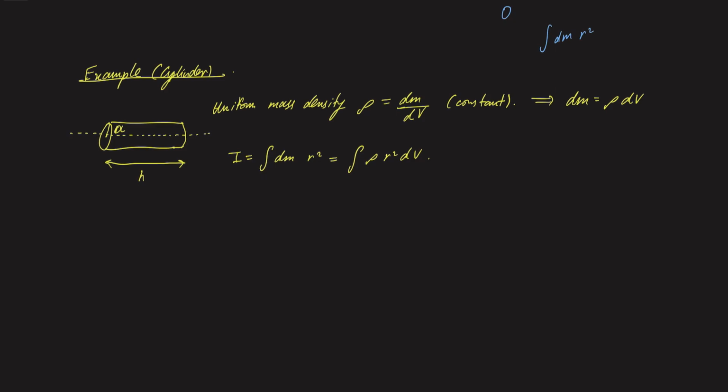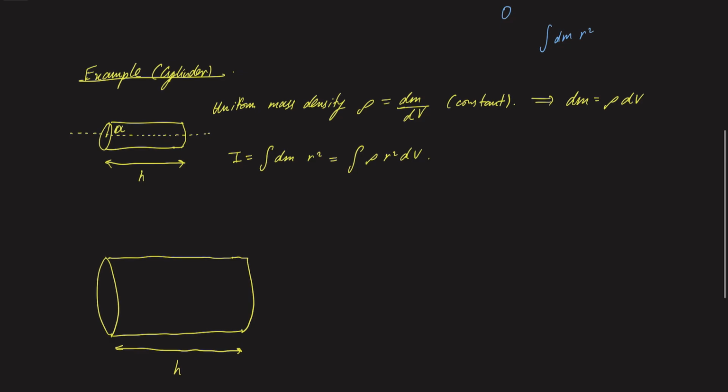Okay, now what's dv? Let's look at a bigger picture here. So we have this cylinder. It's got height h, and we want to find its volume element, dv. So the way we're going to do that is we're going to look at concentric sub-cylinders that make up this larger cylinder.